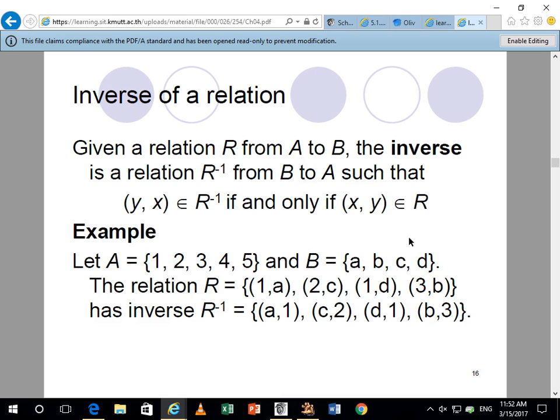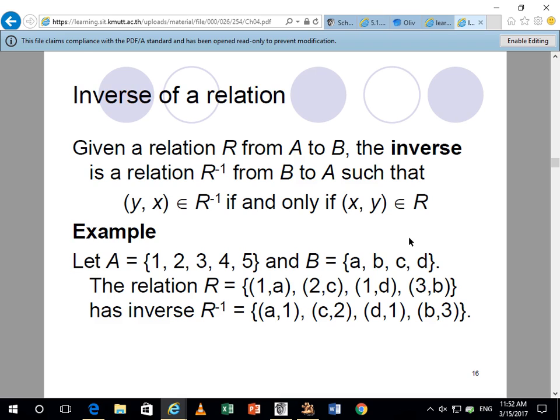Instead of xy, we have here, xy is the ordered pair for your relation. The inverse, yx. The flip is an element in the inverse of the relation. So let's look at an example.